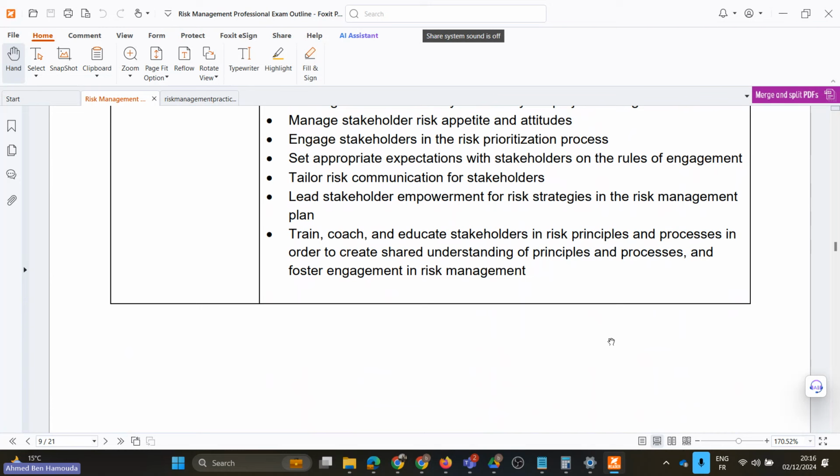Isn't it better to take precautions or some preventive measures and try to mitigate the probability or the impact of the risk?